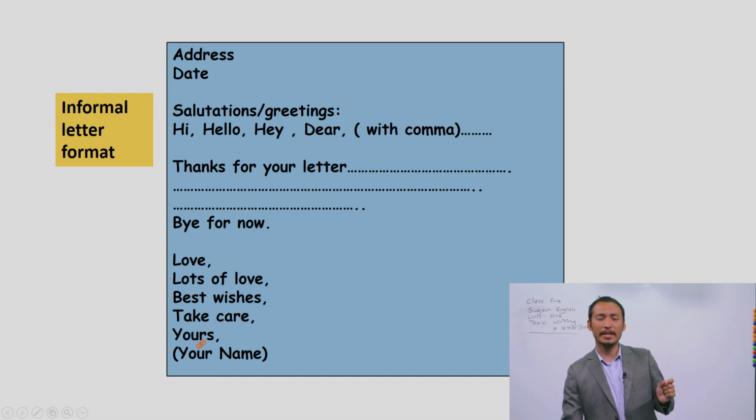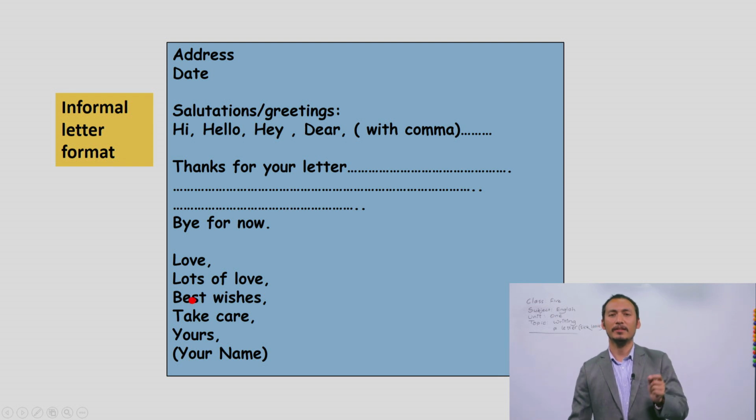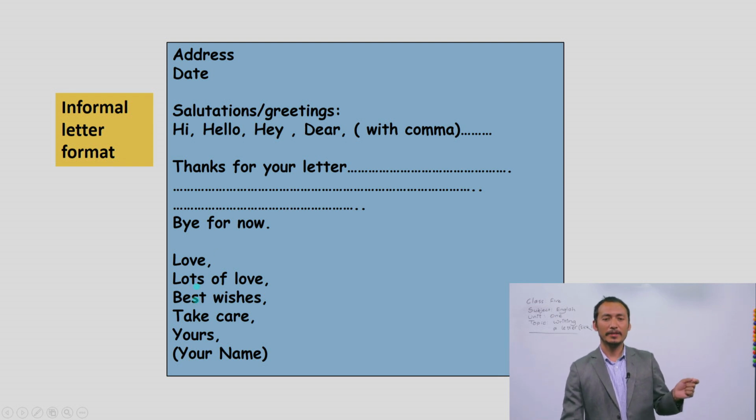Any of these you can use according to your choice. If you like love, or if you like take care, you can choose according to your choice. These are the ways of writing informal letters.